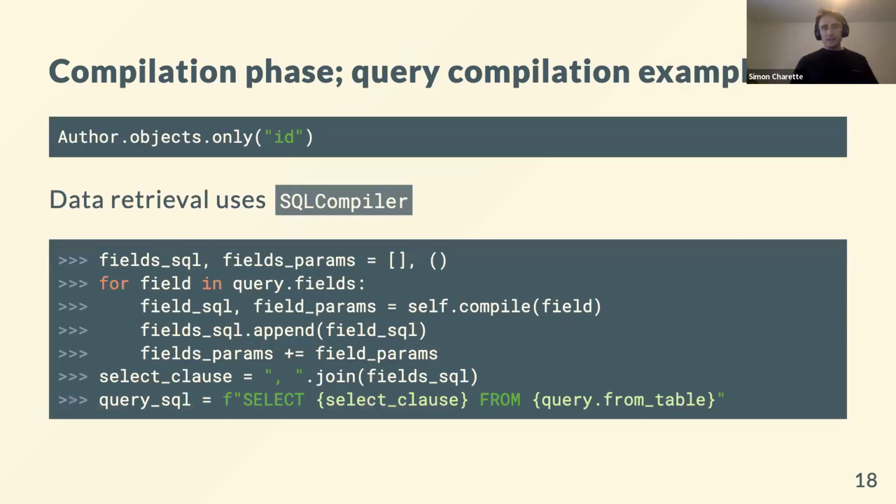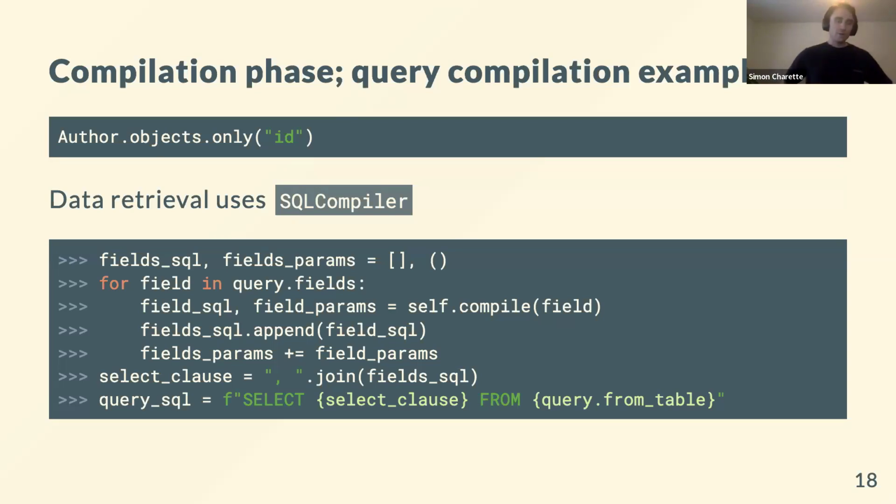The basic idea is that what the SQL compiler is in charge of is stitching all the bits together. We've looked at how column references get compiled, and how lookups, the things that result in the where clause, get compiled. But let's look at a simplified example of how a SQL compiler turns field references into SQL, using this pseudocode.